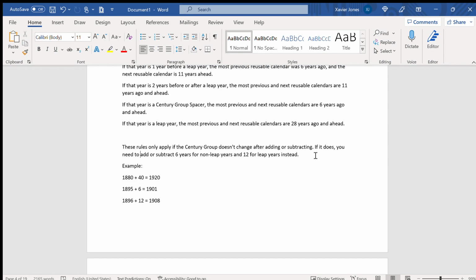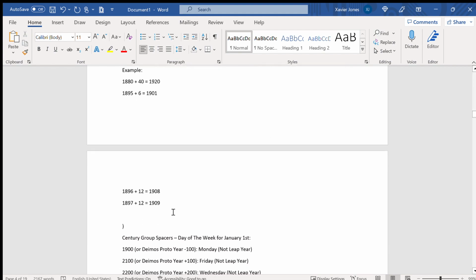You need to add or subtract, for non-leap years, 6 years if, I think it's 6 years if... I don't think I ever looked up what 1898 is. What is 1898? 1898 is 2 years after a leap year, so it should be 12.